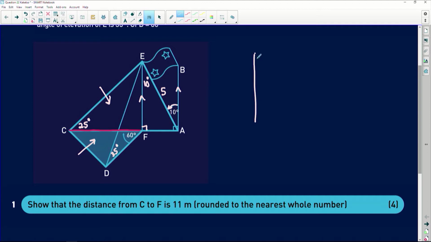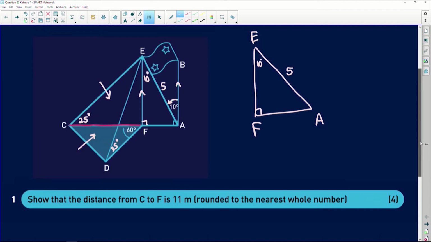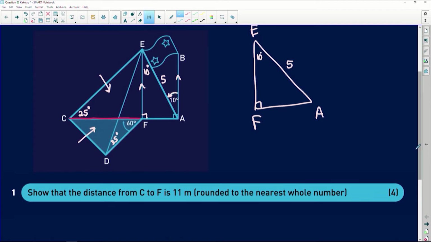Okay, so now we have this lovely triangle here, EFA. This is 90 degrees, that's 10 degrees, and we're given that this is 5 degrees. So now because it's a 90-degree triangle, we can use a simple ratio. Okay, so let's see. I'm going to see here that this side, let me use yellow, it shows up nicely. This side is common to both this triangle and this one.